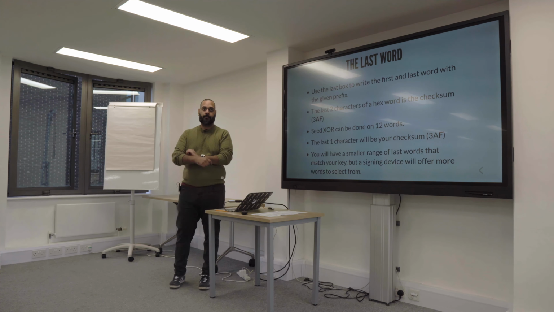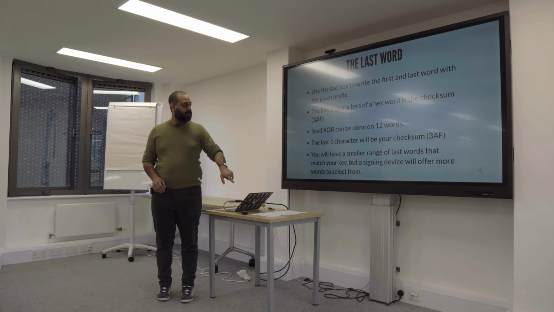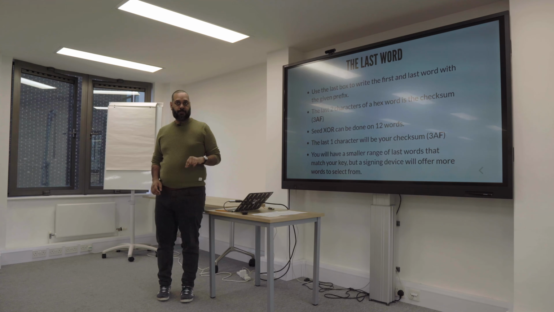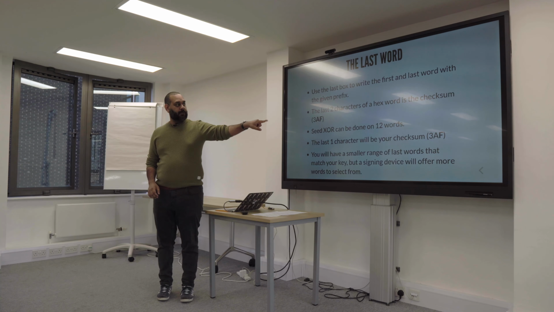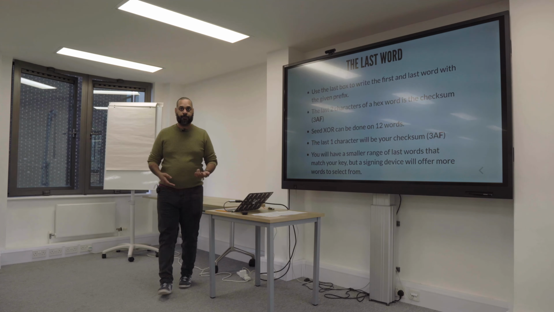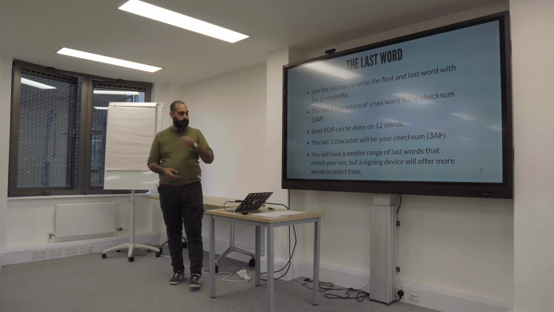And actually, I've just documented here. When you do SeedXOR with 12 words, if you decide to do not 24 words but 12, then this sheet should change because it's only the last character that is your checksum. You will have written 3A as part of your dice rolls as the last word.